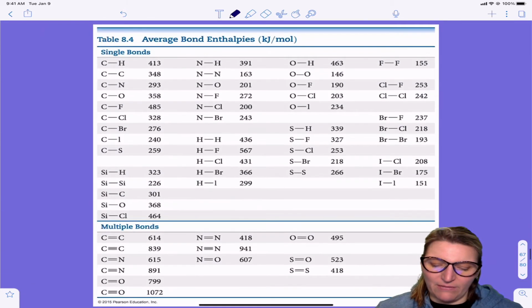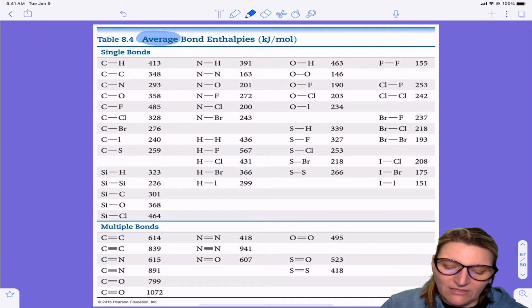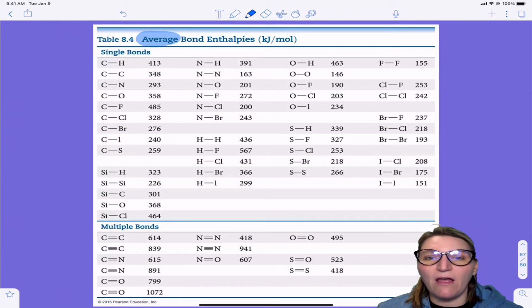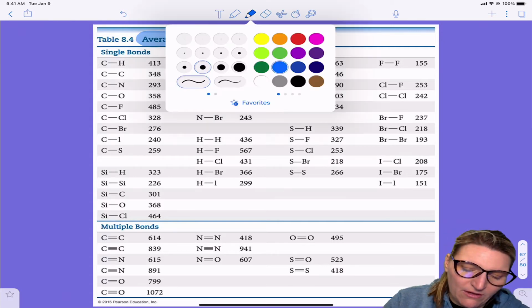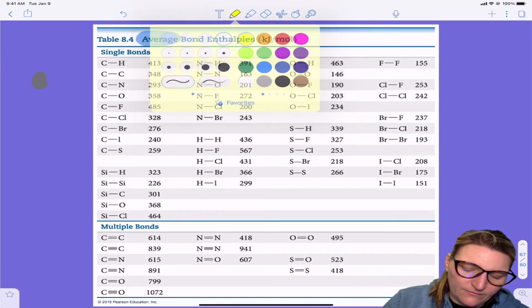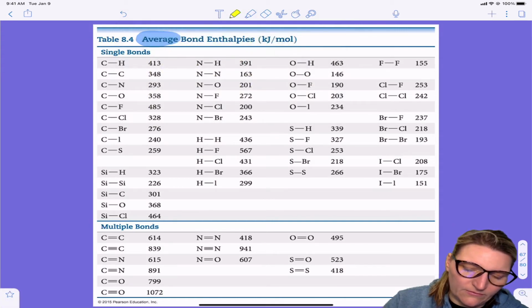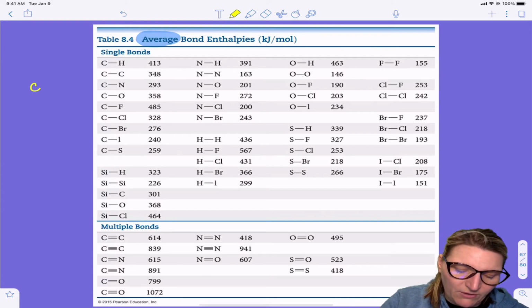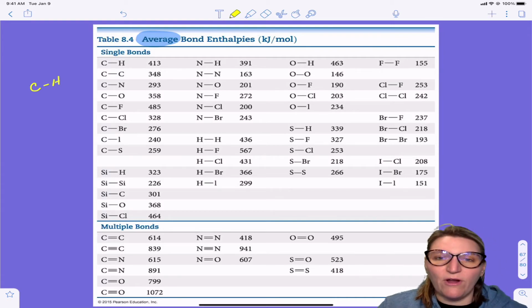If we go back to this table, this is a table of average bond enthalpies, and an important piece of this is average. The strength of a bond is dependent upon what molecule that bond is in. Like, what else is one of those atoms bonded to? So for example, the carbon-hydrogen bond is listed at 413.